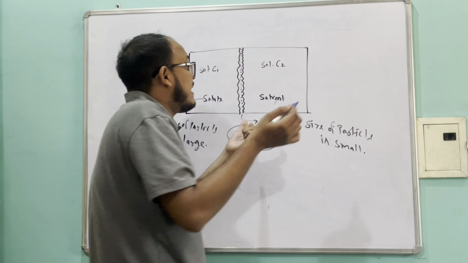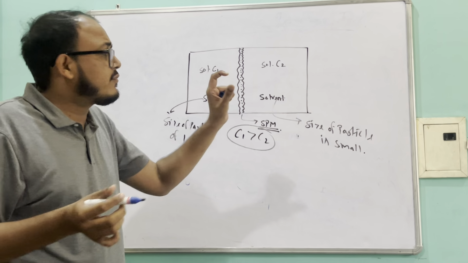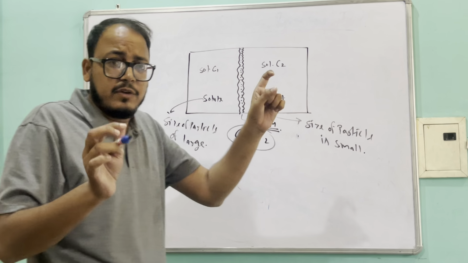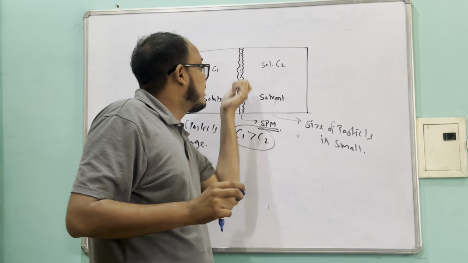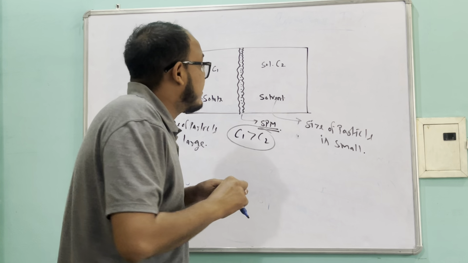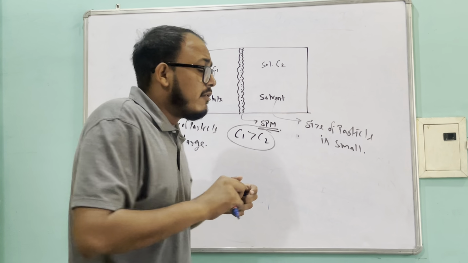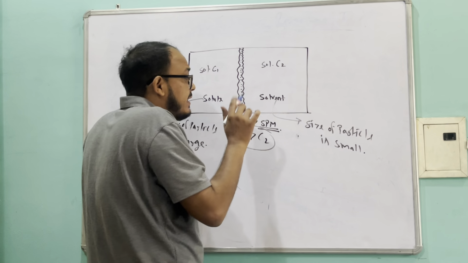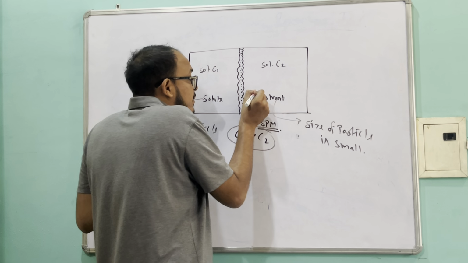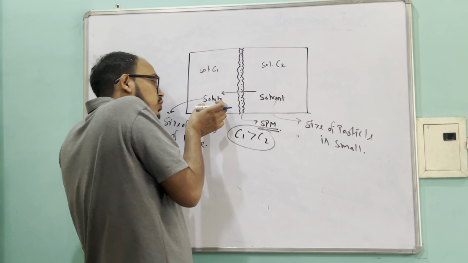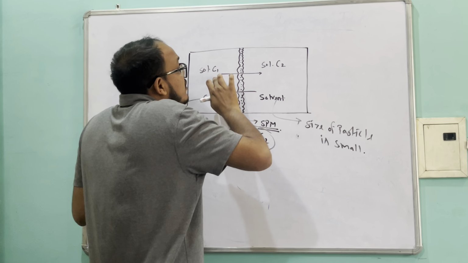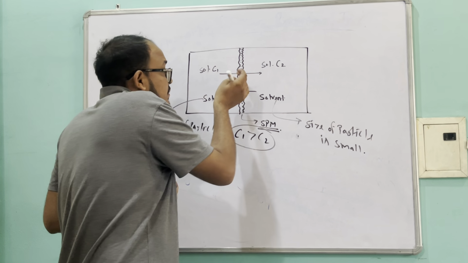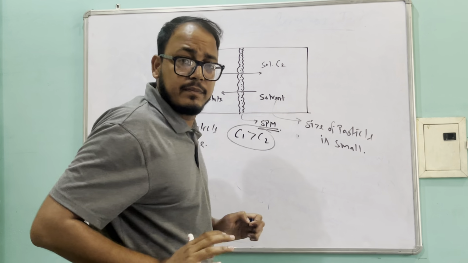So we can say that the movement of particles is from both sides. If we apply the two chambers and we have a membrane, then there is a movement of particles. Movement of particles has two possibilities: from solvent to solute, or from solute to solvent.